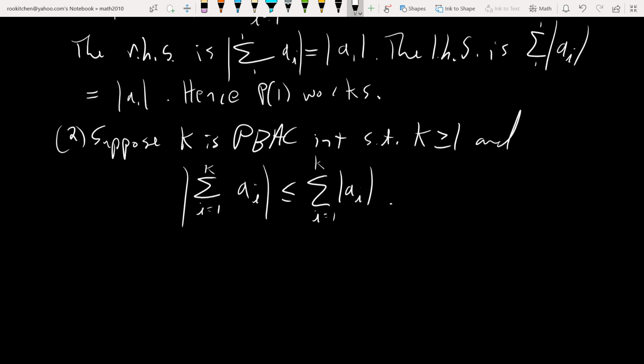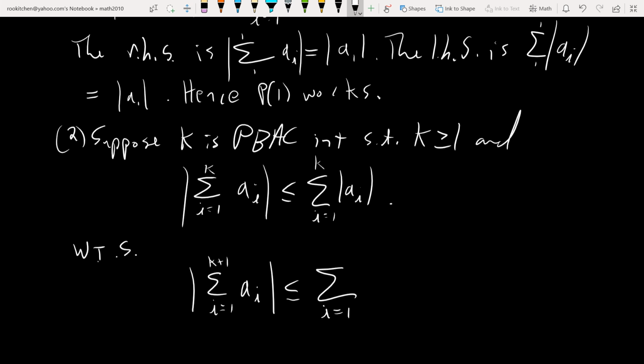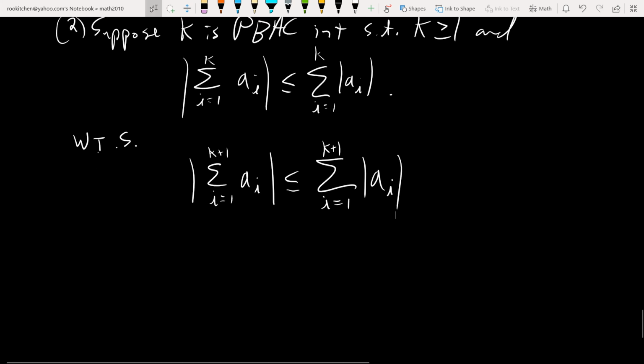We want to show that the absolute value of the sum from i equals 1 to k plus 1 of a sub i is less than or equal to the sum from i equals 1 to k plus 1 of the absolute value of a sub i. Okay. It's long and tedious.